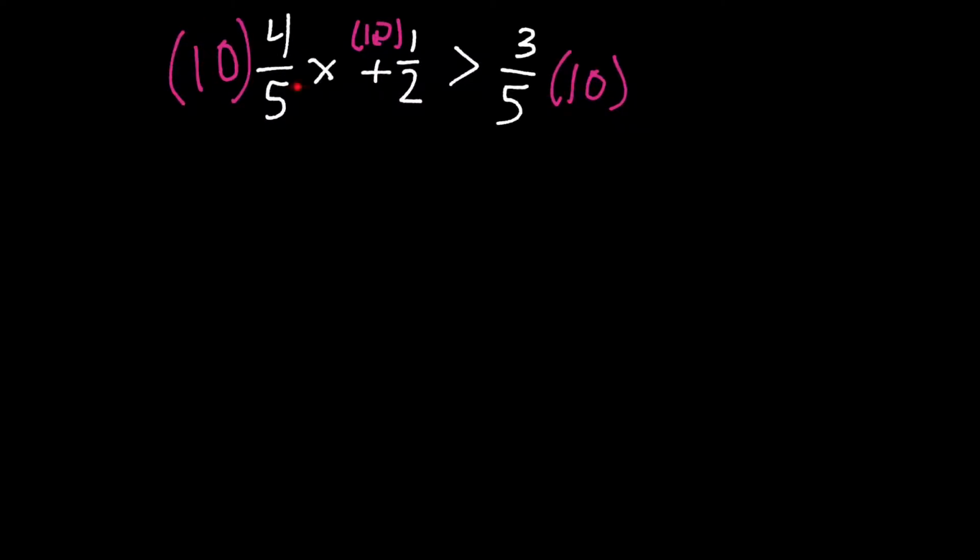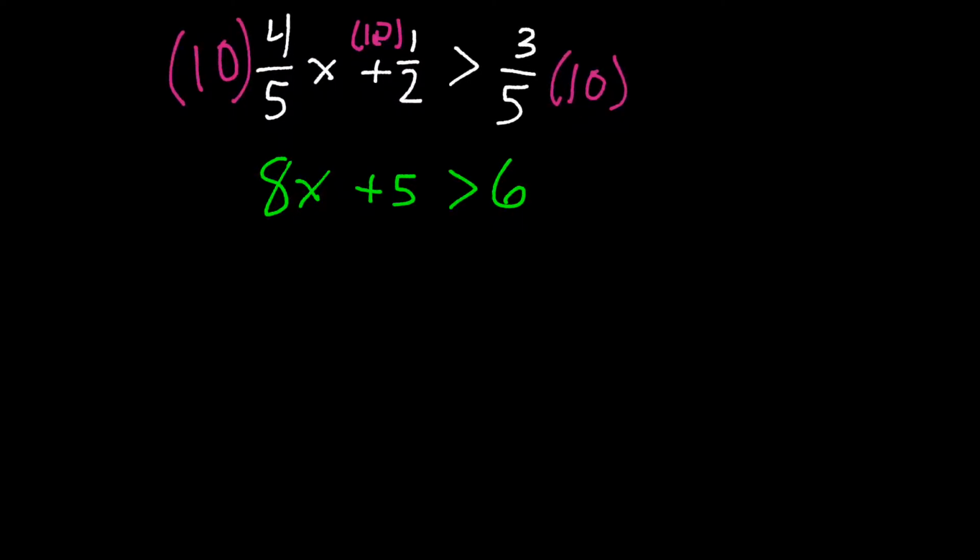So if I multiply 4/5 by 10, 10 divided by 5 is 2. 2 times 4 is 8, so I have 8x. 10 times 1/2 is 5, so I have 8x plus 5 is greater than 10 divided by 5 is 2, 2 times 3 is 6. So I have now rewritten this problem so that I do not have to worry about any fractions.